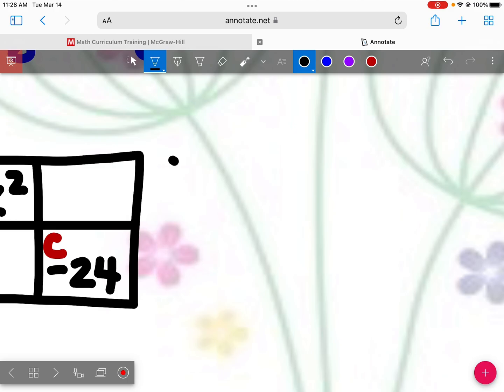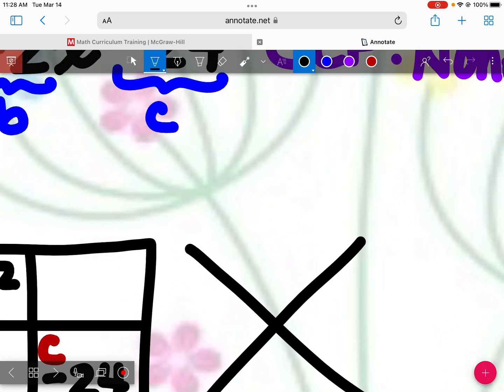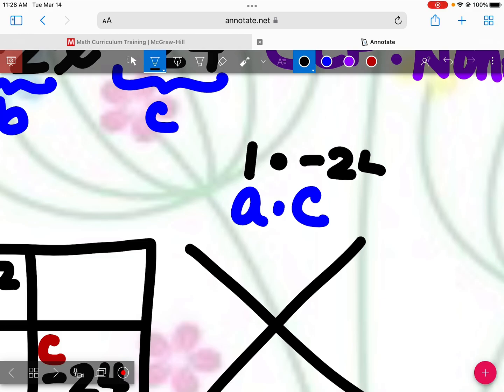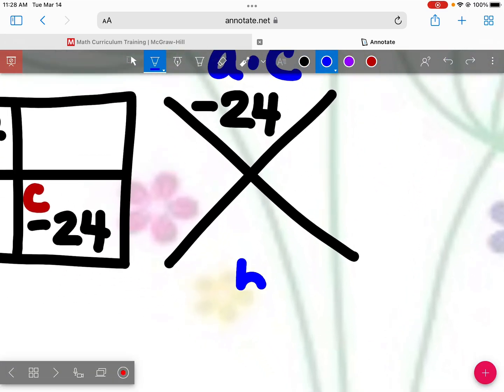Do the x thing. What do we put up on top? A times C. What was the number for our A? 1. What was the number for our C? Negative 24. What do I get when I multiply those 2 together? Negative 24. What goes down on the bottom? B.